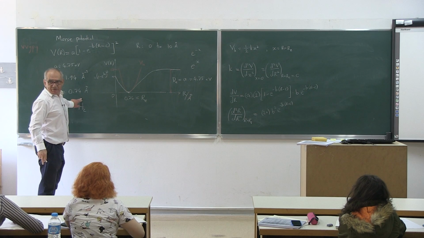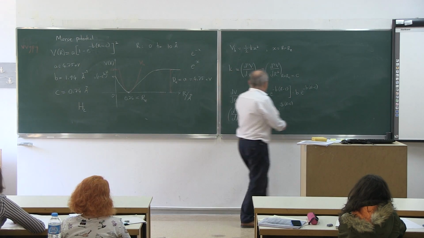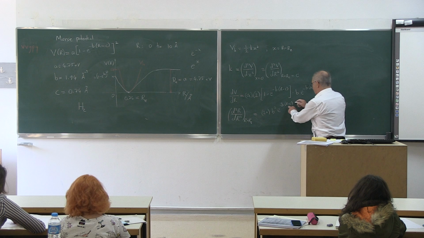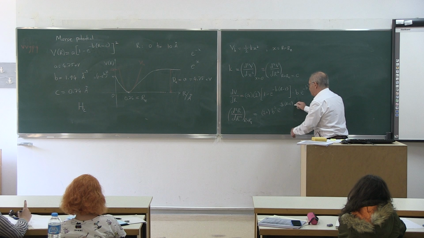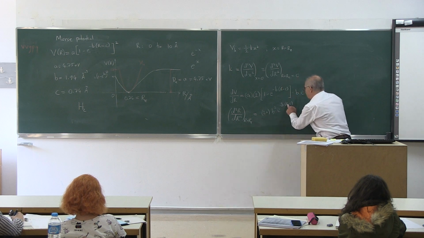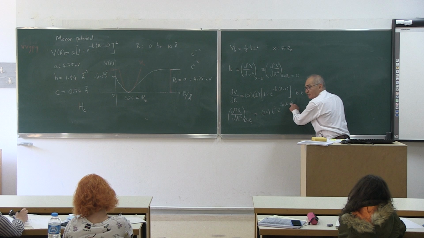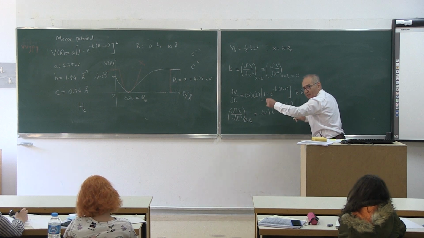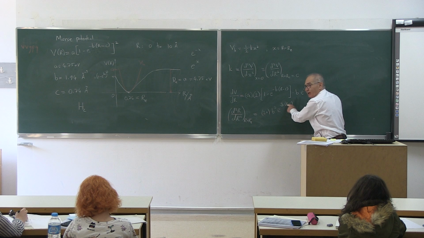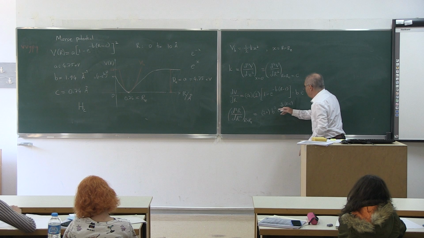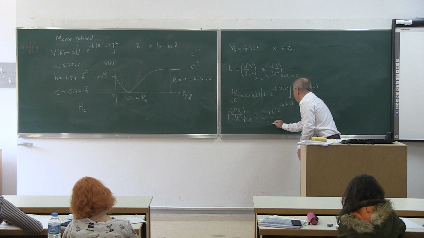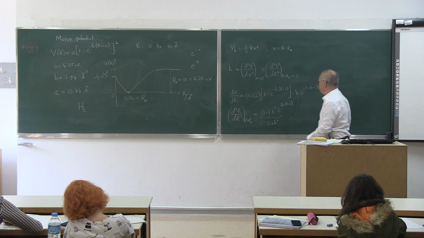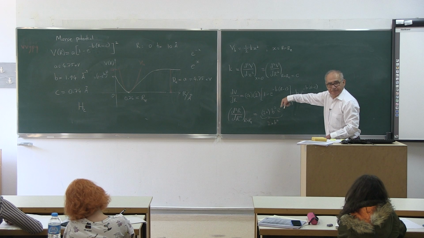R equilibrium is the value of c. So when we set r equals re, this means r equals c, because re, the equilibrium bond length, is equal to c. This becomes 0. e to the 0 is 1. So the net result is 2a times b squared, after putting r equals re.